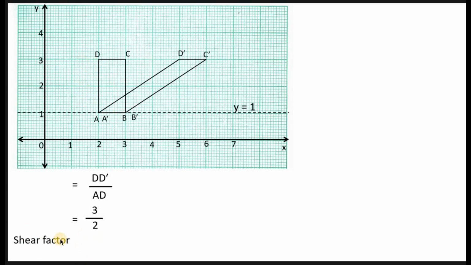So the shear factor is equal to 3 divided by 2, so you have 1.5 as the shear factor in this example here. All right, so now let's look at performing a shear by construction. Just like we had construction in stretch, reflection and rotation, we also have performing a shear by construction. So let's go straight into the example.